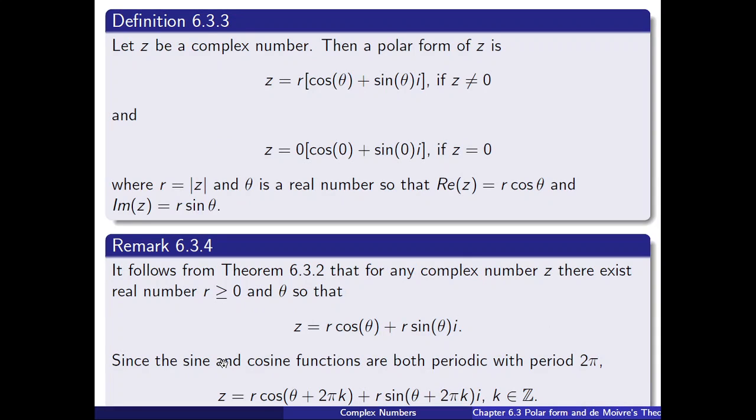Right, so that is that, and now we have a definition, and we have to take cognizance of what we've just proved.